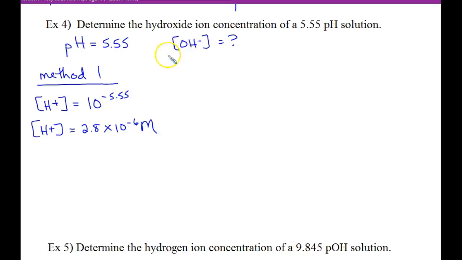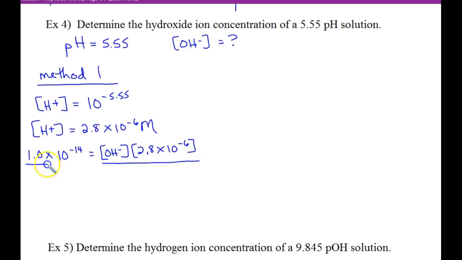We're trying to get to the OH concentration, so here I'm going to use the Kw equation. And plug in the value we just solved for the hydrogen ion concentration. And of course, we're going to divide both sides by 2.8 times 10 to the negative 6.